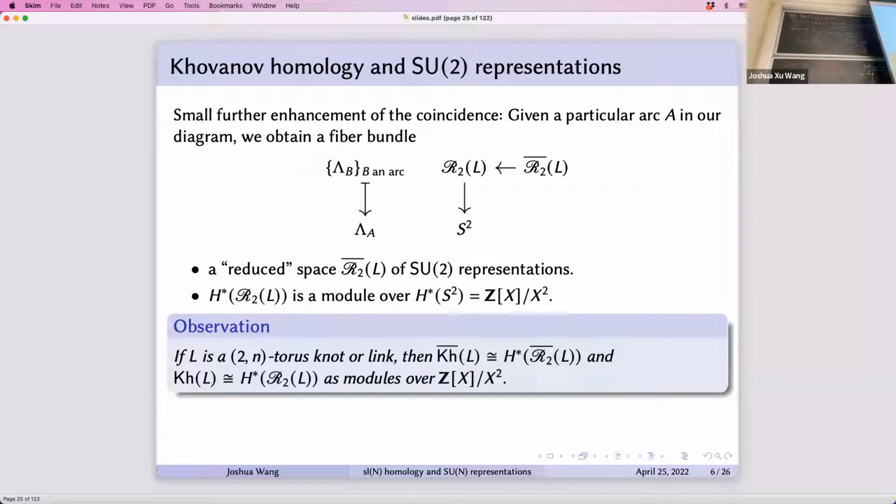Furthermore, that choice of base point induces a base point action on Khovanov homology, which makes it into a module over Z[x]/(x^2), and it matches up with this Z[x]/(x^2) module structure on the cohomology of the representation space. It's pretty nice. A lot of the algebraic features that you see for Khovanov homology, just looking at these 2n torus knots and links, you can see a topological version of it for the representation spaces.